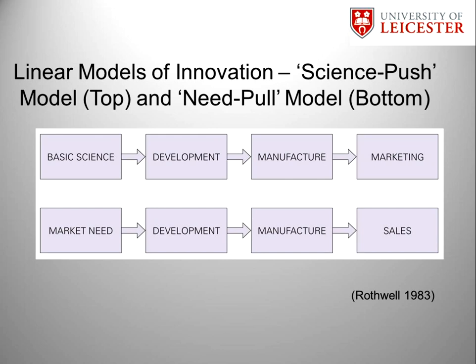So in the 1980s we see a shift to a different kind of linear model of innovation, a linear model which is about driving the process by market need. So market needs leading to product development, manufacture, and ultimately sales. So these are two linear models of the innovation process.